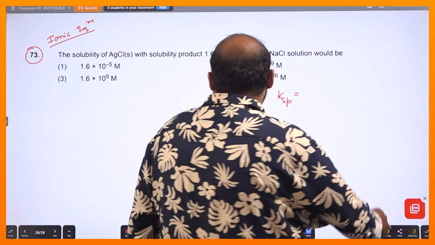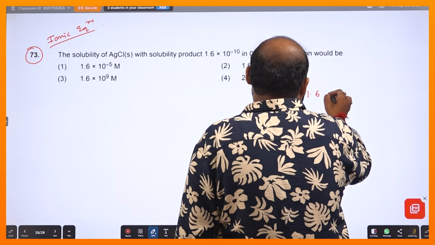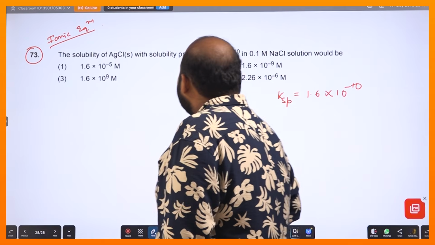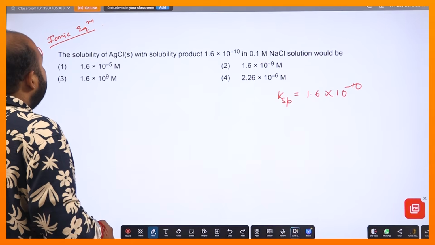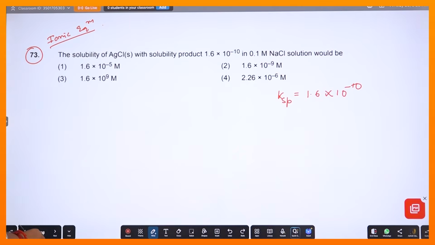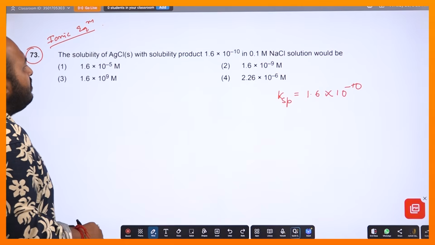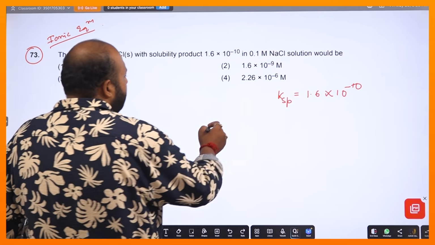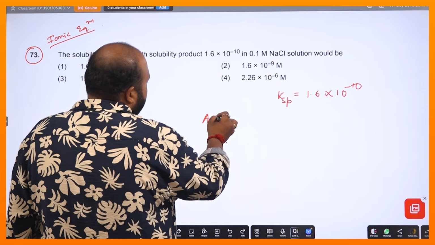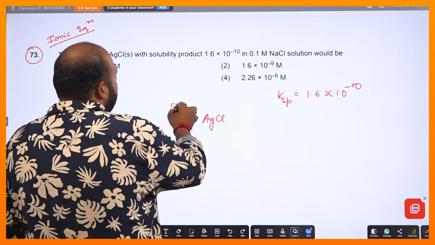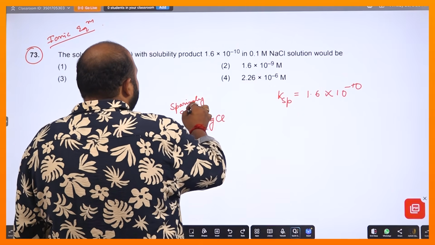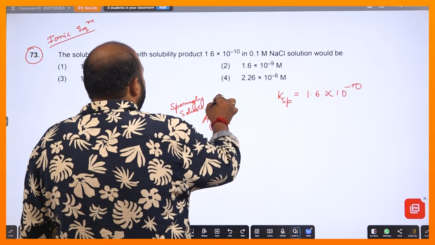So the solubility product is given as 1.6 into 10 to the power minus 10, and it is asking the solubility of AgCl with solubility product in 0.1 molar NaCl solution would be. Okay, so you know that AgCl is a sparingly soluble salt.